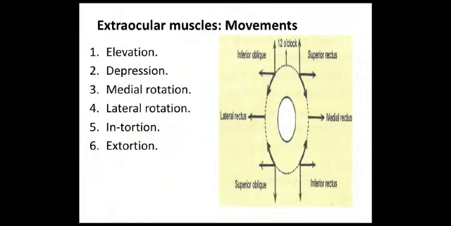So, action of these various muscles. Elevation is brought about by the superior rectus and the inferior oblique muscle. The depression is brought about by the inferior rectus and the superior oblique muscle.